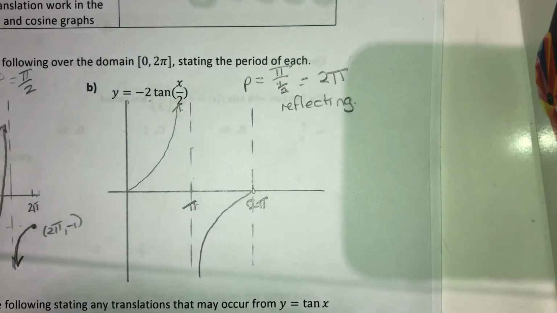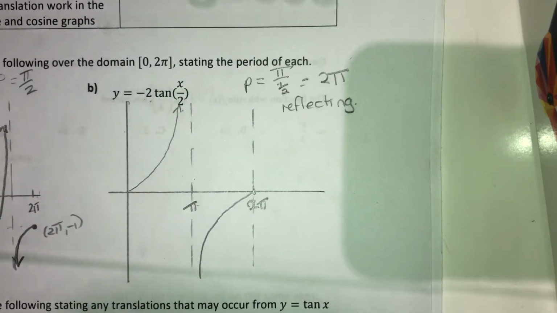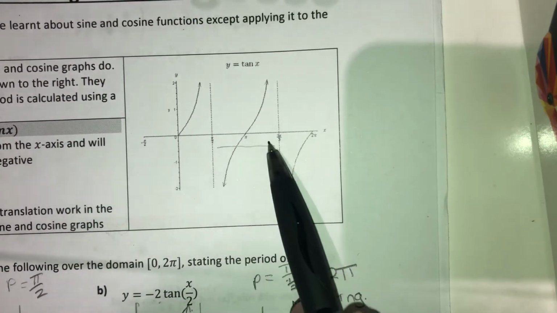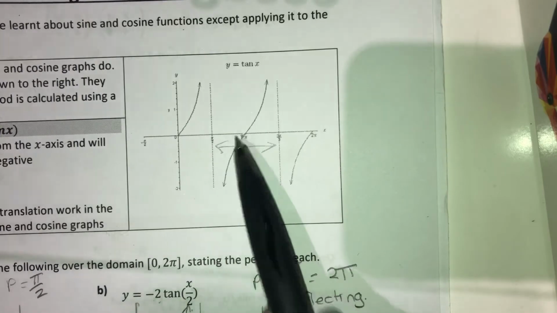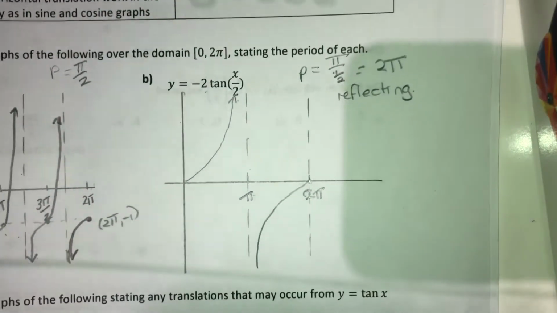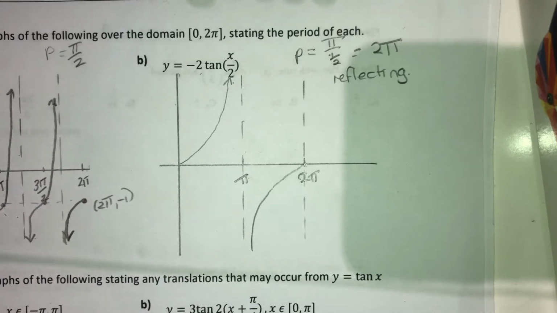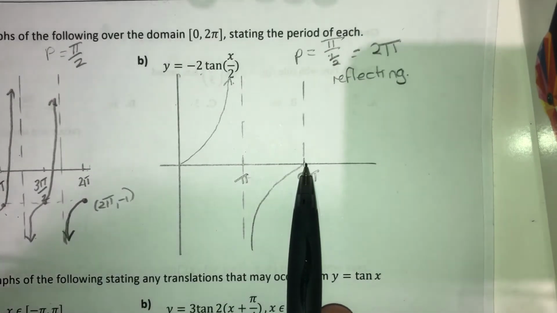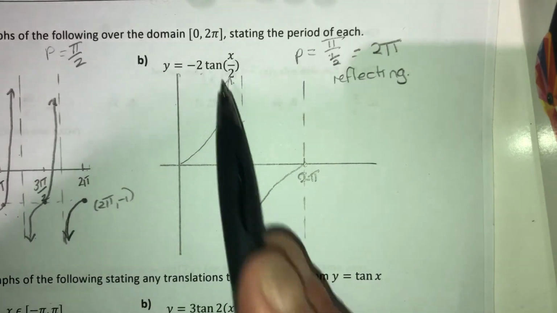So don't forget, when it is just the period of pi like it is up here, you would go through that value, but this time we have a period of 2 pi, so our graph is going to look like this.